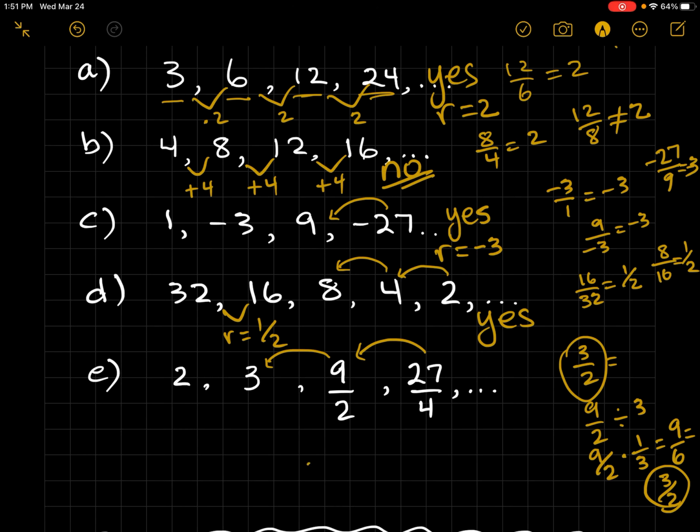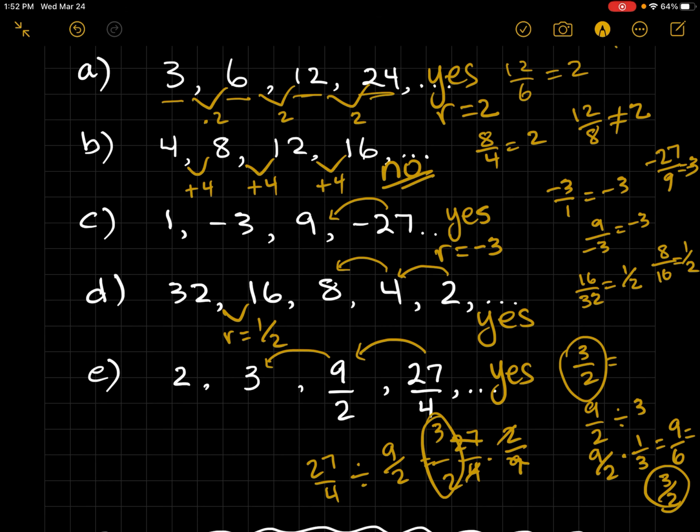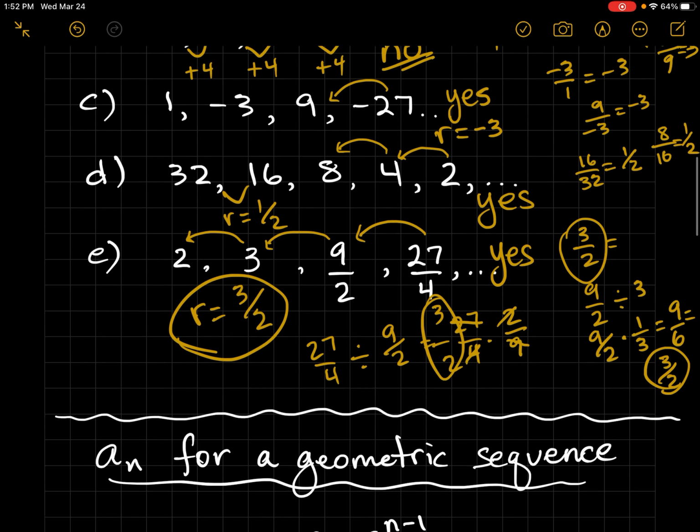Let's do this one. 27/4 divided by 9/2, or we could say 27/4 times 2/9. And again, we get 3/2. So that one was a little harder to see, but yes, we have a common ratio, and that ratio is 3/2. You always just divide by the previous term to see if you have a common ratio.